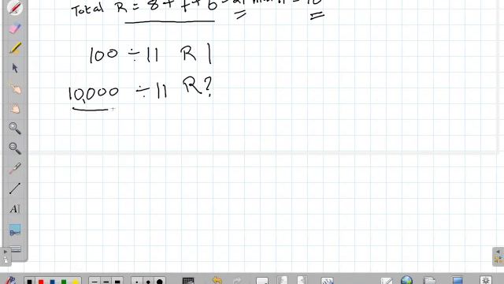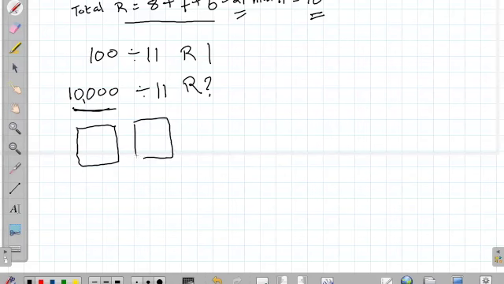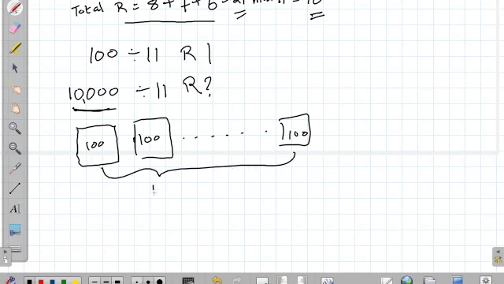So 10,000 consists of how many hundreds? 100 hundreds, right? So you can consider 10,000 as 100 groups of hundreds. Right, and there are 100 of these.